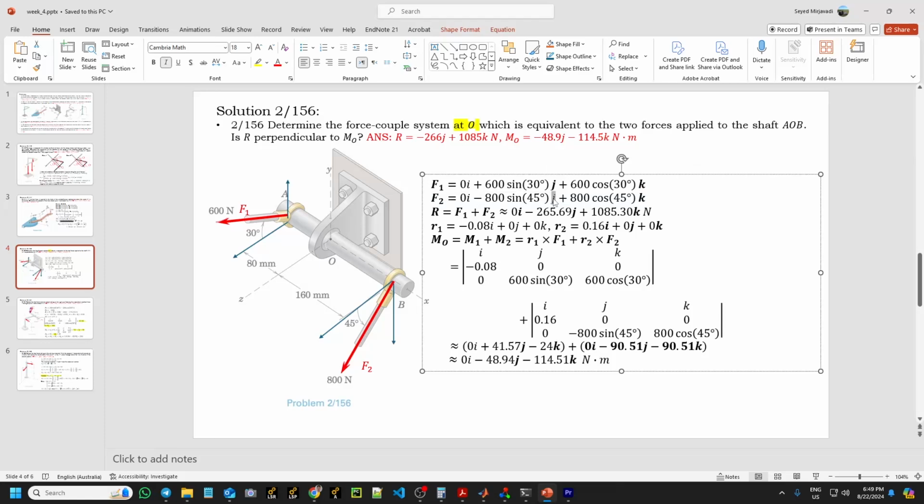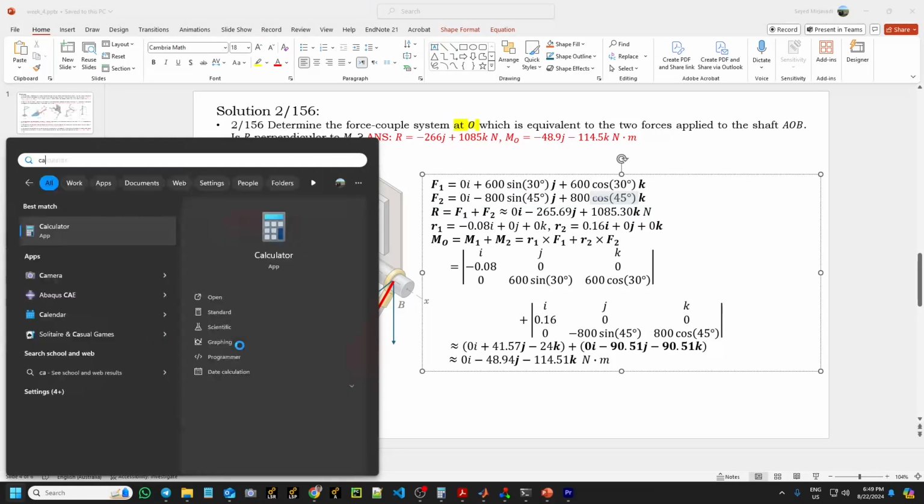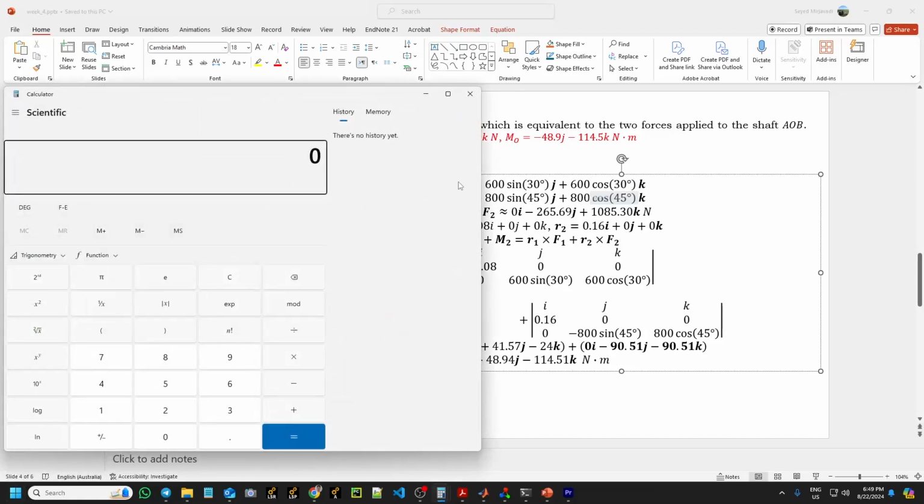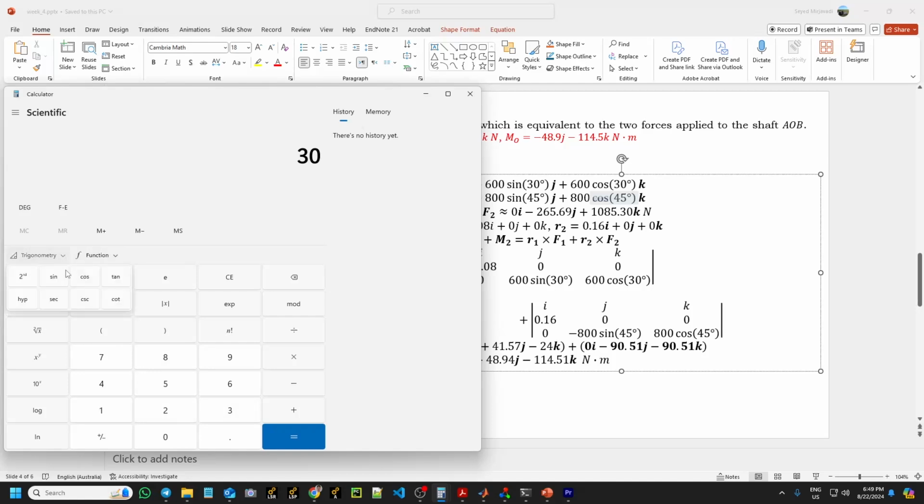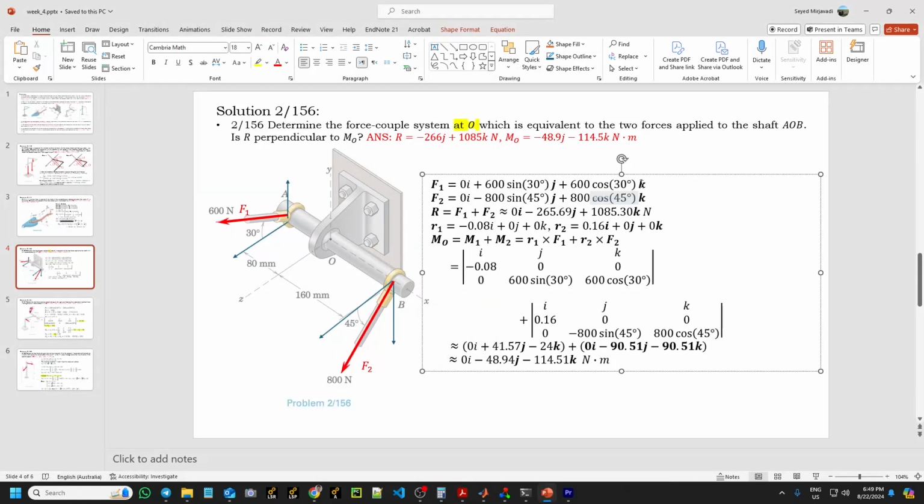Okay. Now we need to find the resultant force. We just add them up. You can use your calculator. I will just obtain one of them for you. So remember, first in the exam, find the sine of 30 to make sure that it is on the degree, not radians. So sine 30 times 600 will be 300, easy.